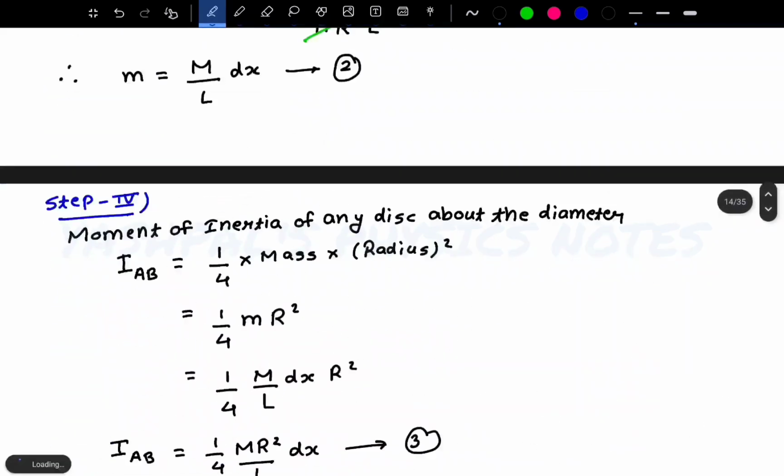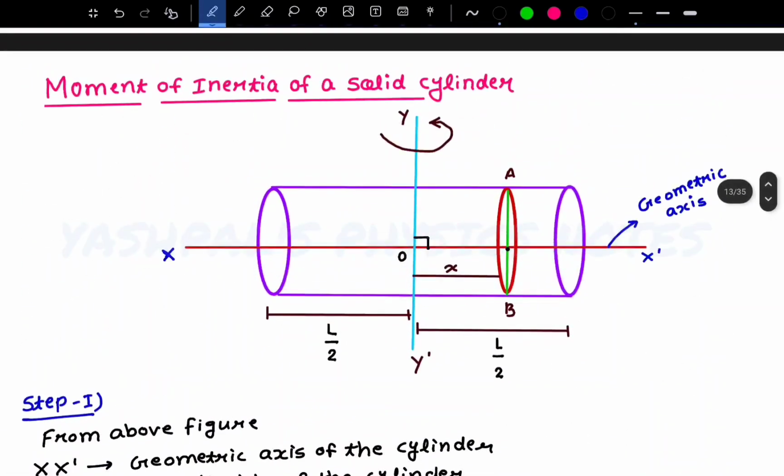Now see, in this figure of solid cylinder, this axis y dash is dividing the solid cylinder in two equal portions.